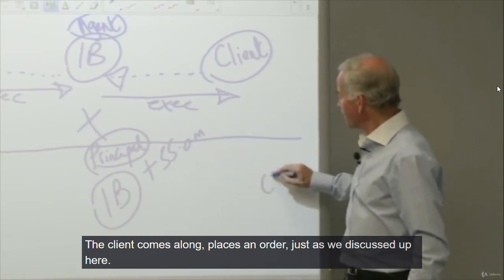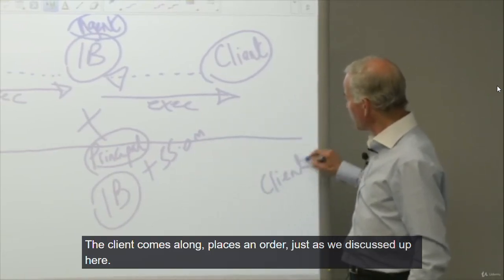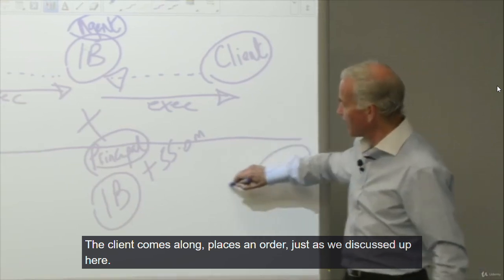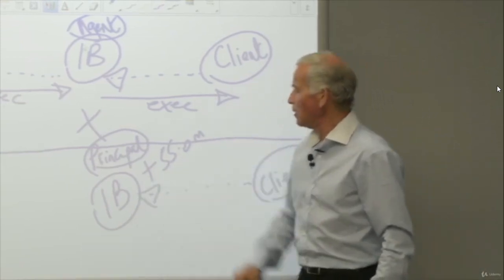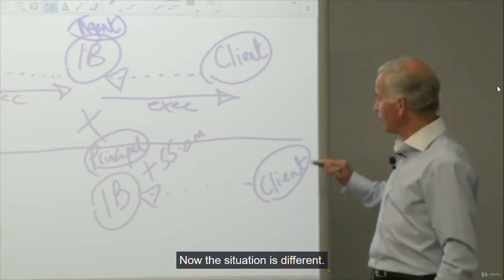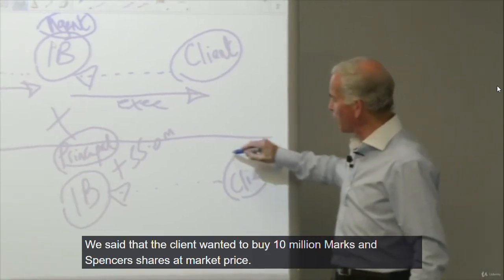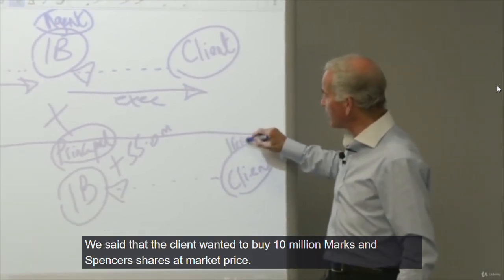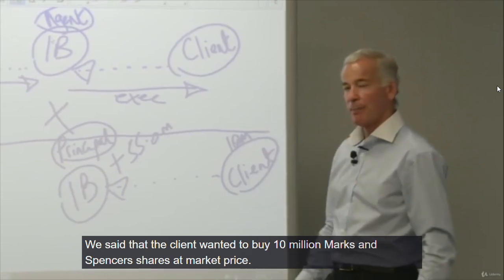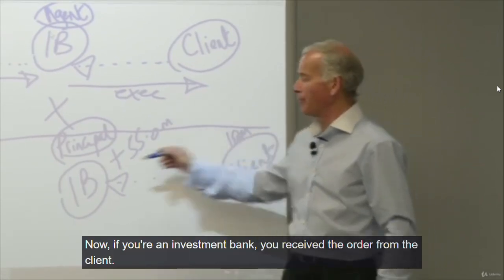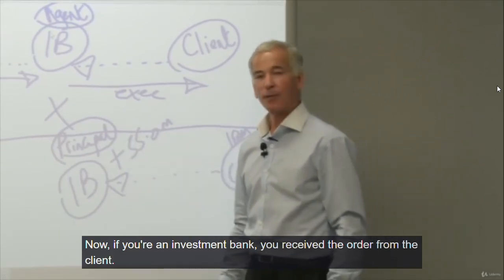The client comes along, places an order, just as we discussed up here. Now, the situation is different. We said that the client wanted to buy 10 million Marks and Spencer shares at market price. Now, if you're an investment bank, you receive the order from the client.